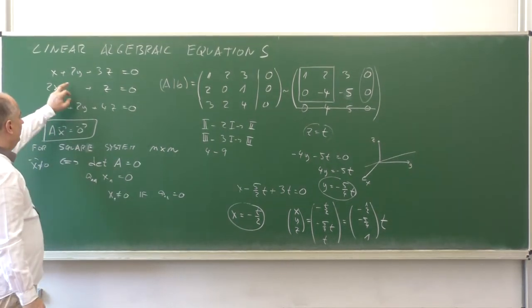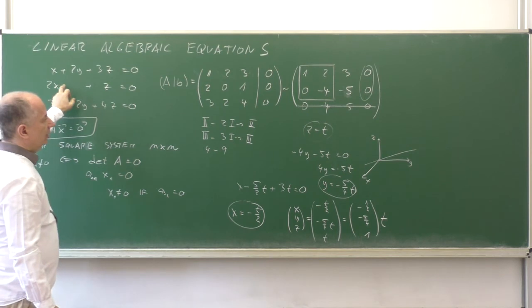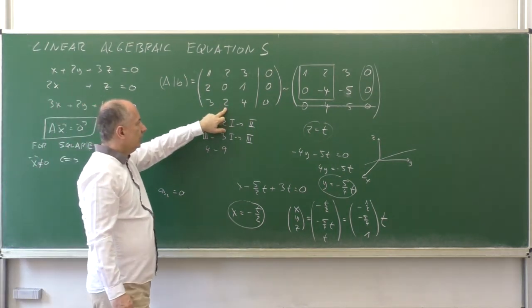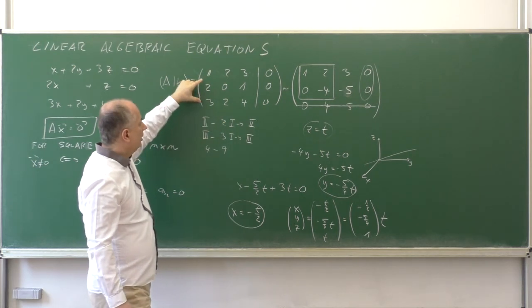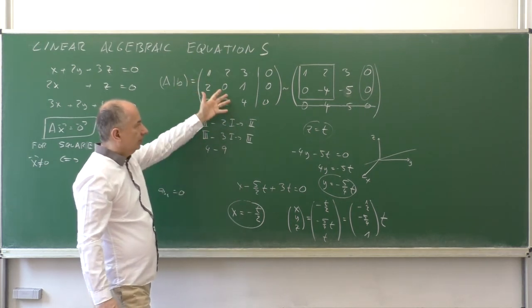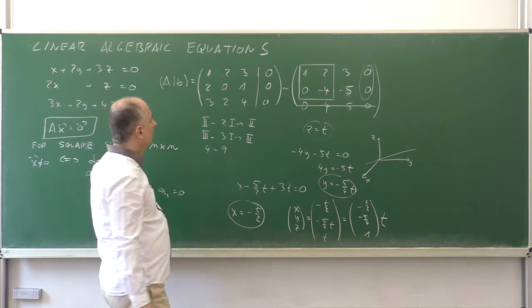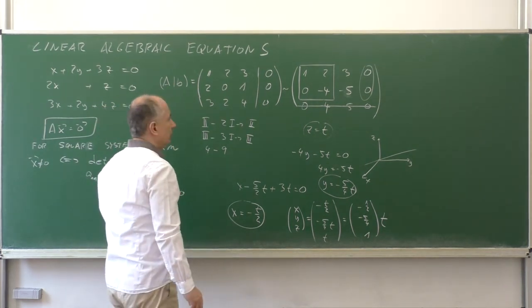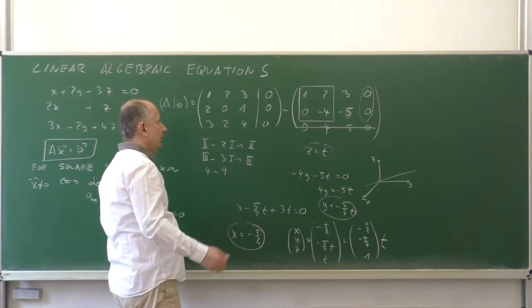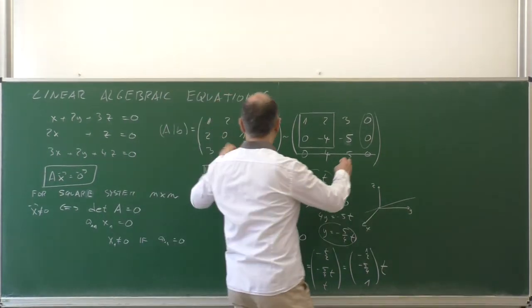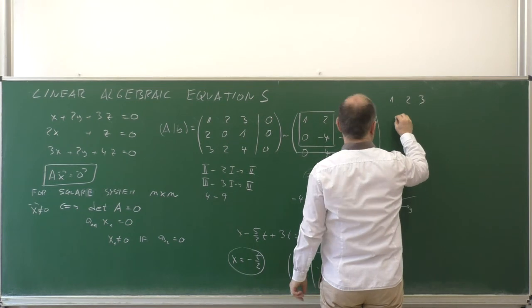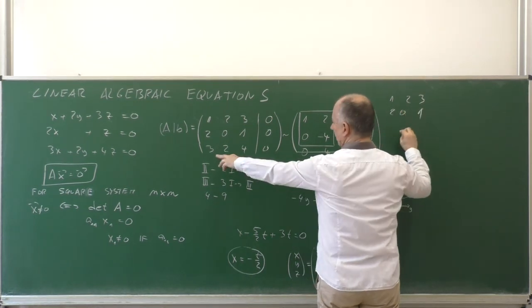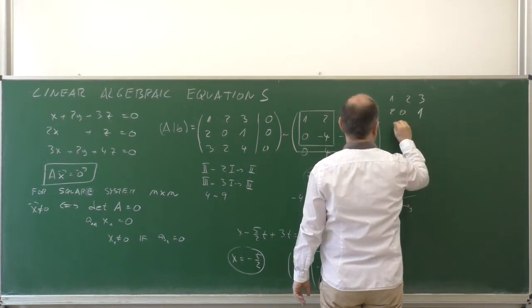We can verify this. This determinant is 0 because it has rank 2. If we compute the determinant separately, 1, 2, 3, 2, 0, 1, 3, 2, 4.